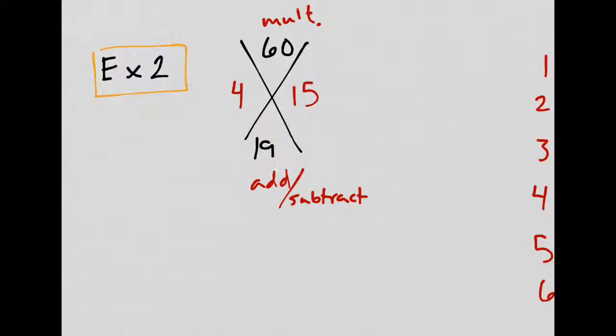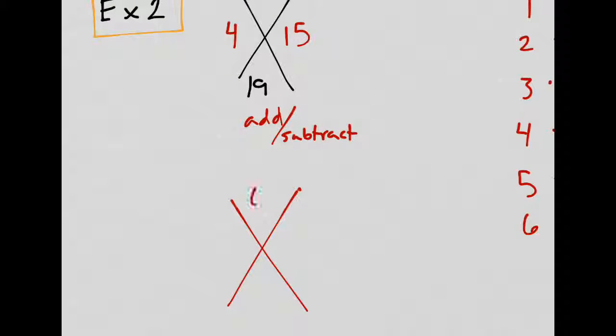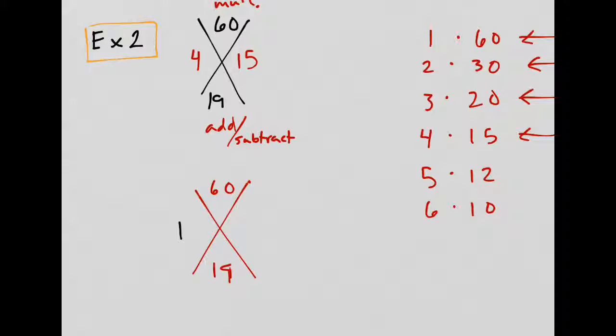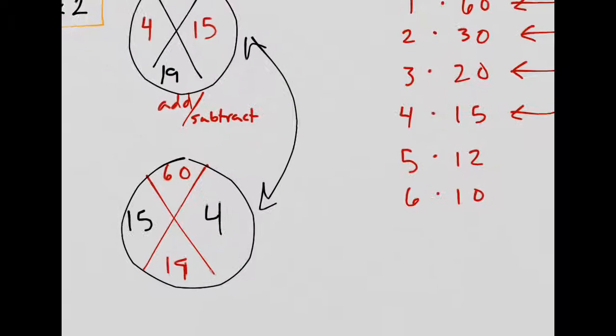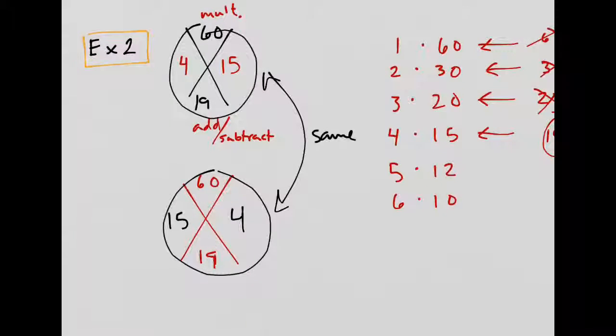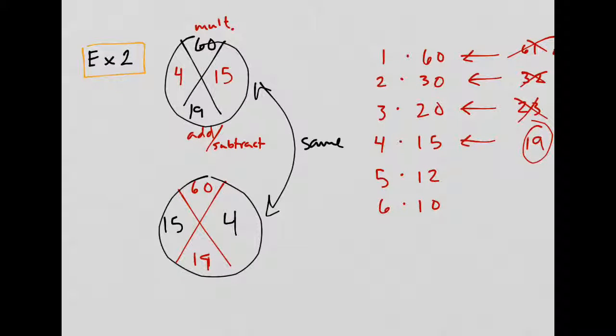Sweet. If you had the 15 and the 4, those answers are the same, so you can switch those two numbers. It's fine. But there you go, that's your answer. 15 and 4, or 4 and 15.